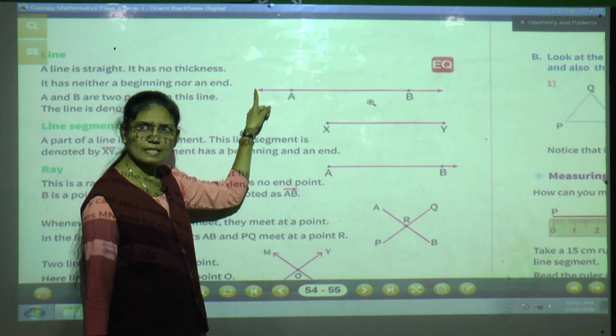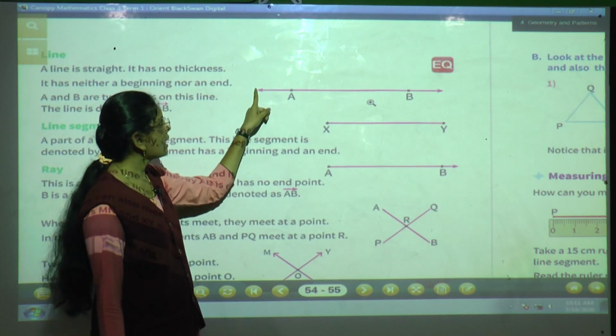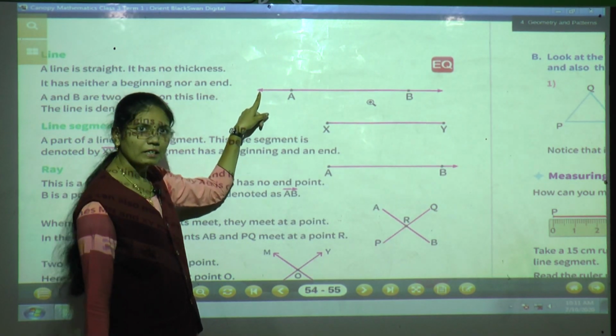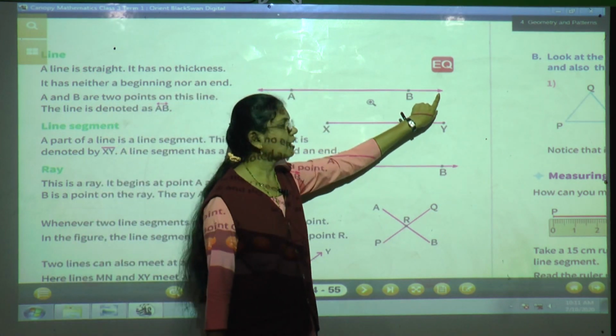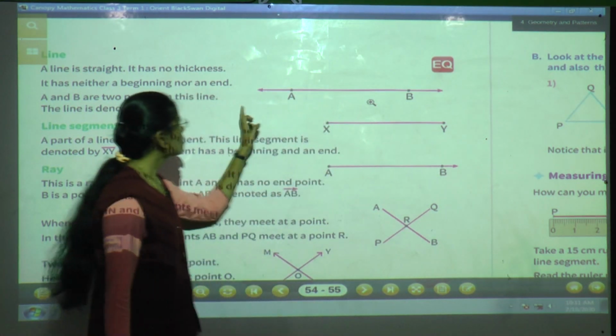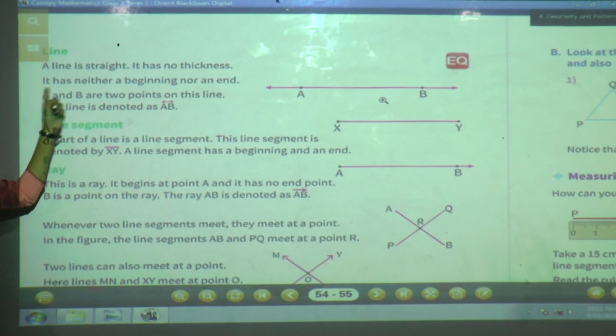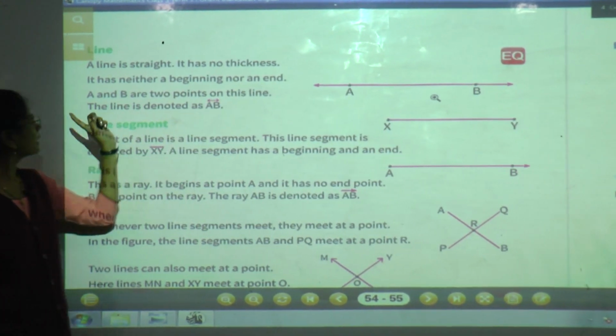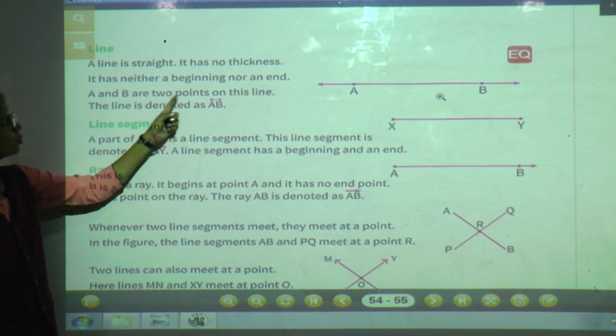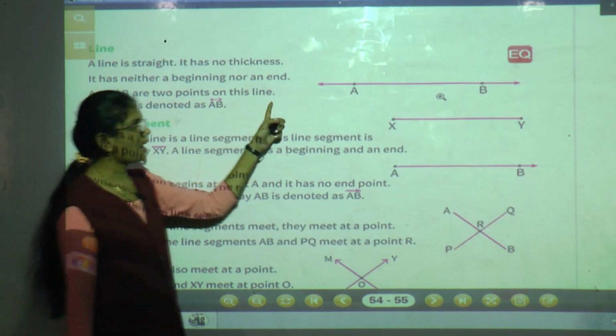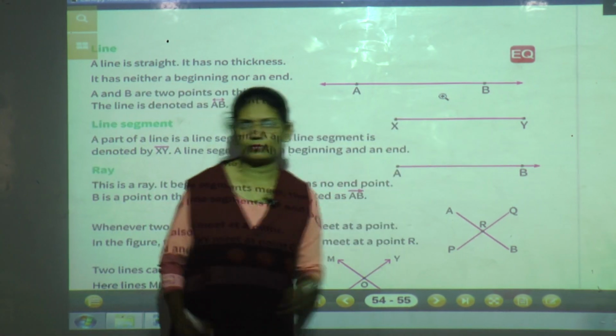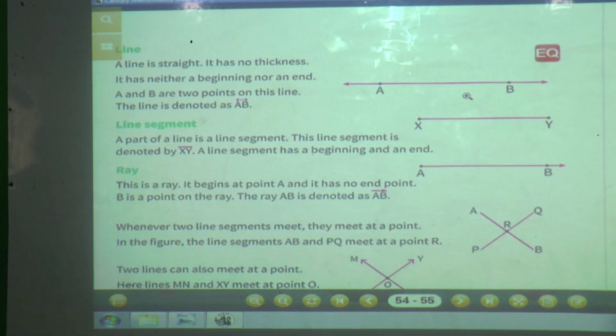This arrow tells us that it has no beginning point and it doesn't have an end point either. So in a line, neither a beginning nor an end. A and B are 2 points on this line. Now say this is a line. On this line there are 2 points.